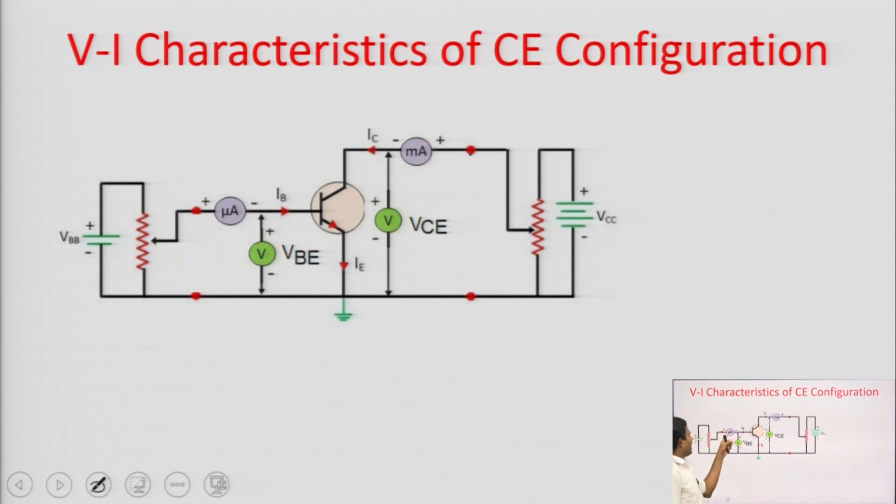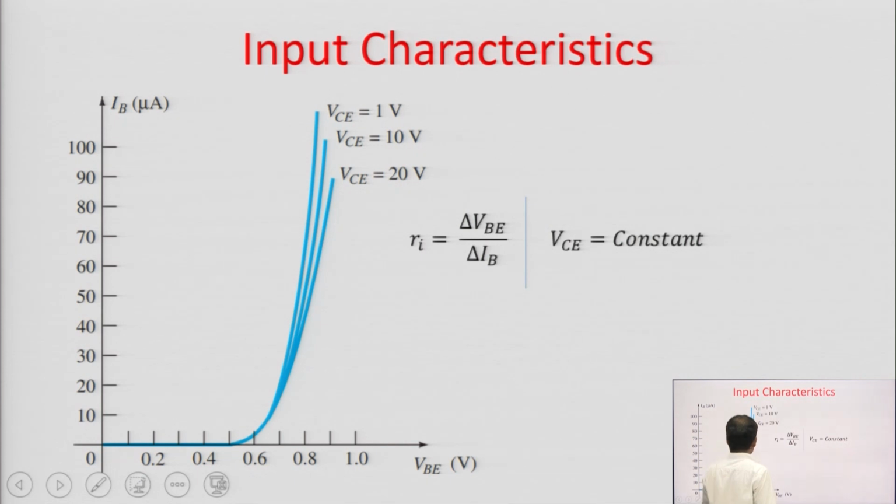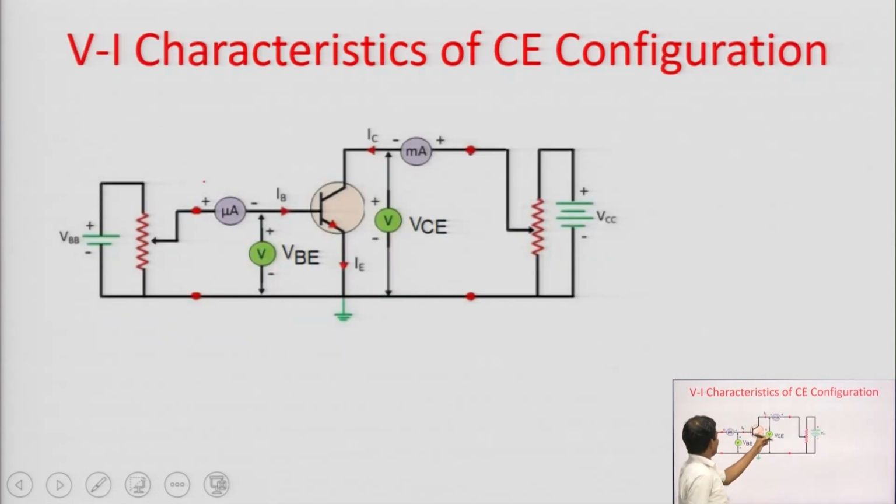This is the microammeter, and it will measure the base current IB. Here a voltmeter is connected between the base terminal and emitter terminal.